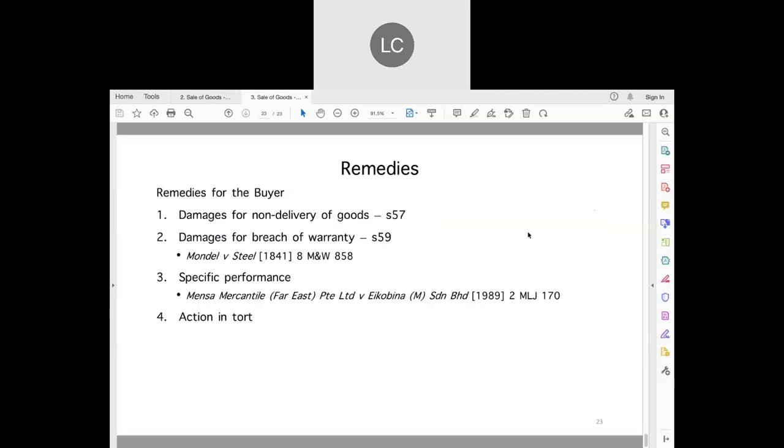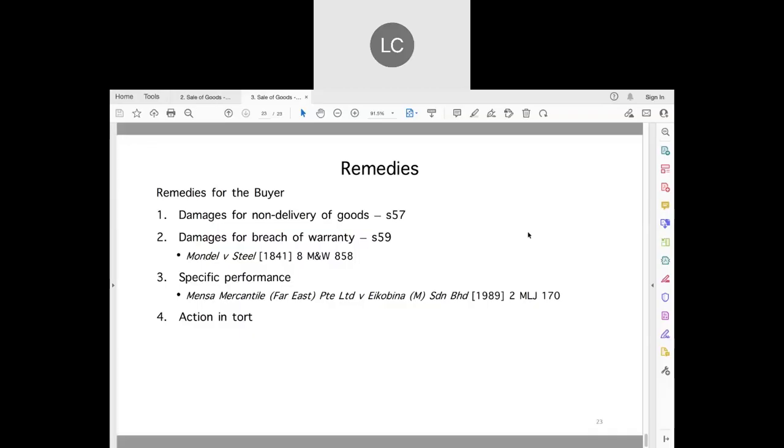Then there are also remedies available to the buyer when the breach is committed by the seller. The first one is damages for non-delivery of goods. That is stated by section 57, where the seller wrongfully neglects or refuses to deliver the goods, the buyer may sue the seller for damages for non-delivery. So to apply section 57, the non-delivery must have happened.